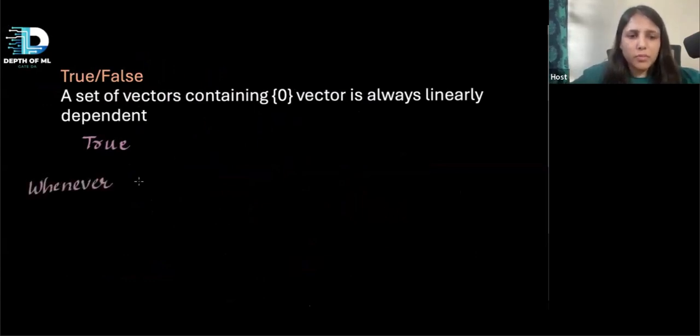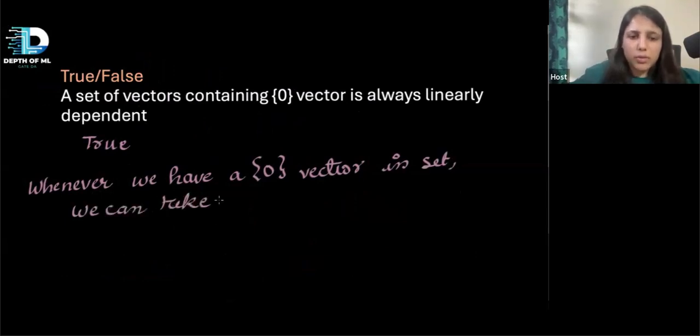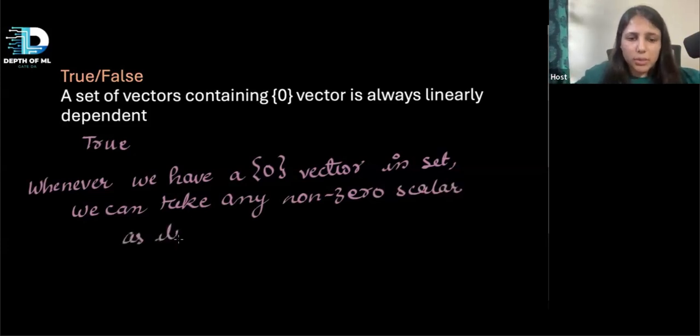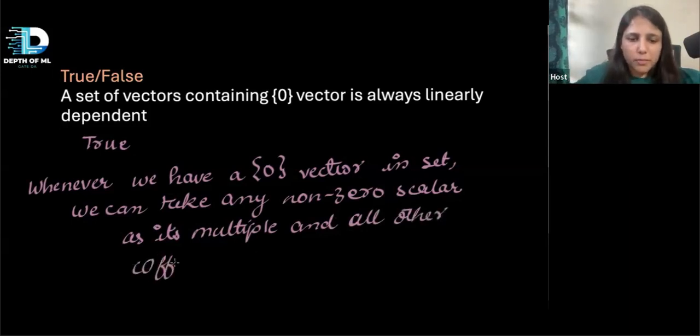Whenever we have a zero vector in a set, we can take any non-zero scalar as its multiple and all other coefficients to be 0. Okay, this implies linear dependency.